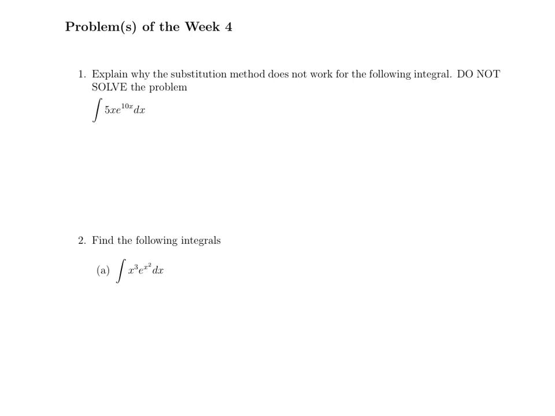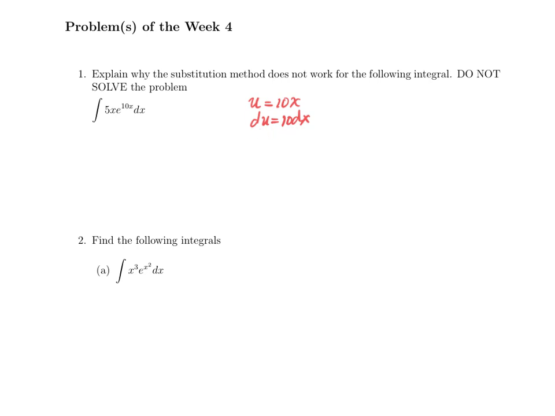So the reason why substitution doesn't work is the following. You have technically only two choices, or three. Let's say that u is equal to 10x. Then du is equal to 10 dx. Since the du doesn't give you the x that you have here, the substitution method won't work.